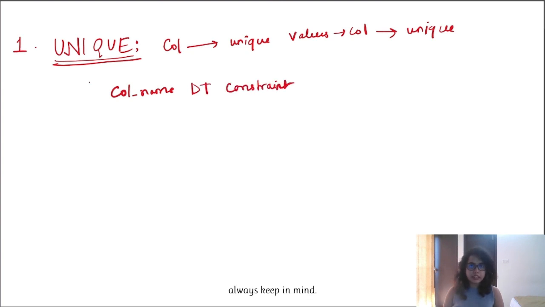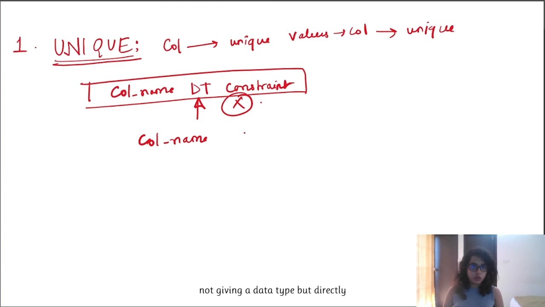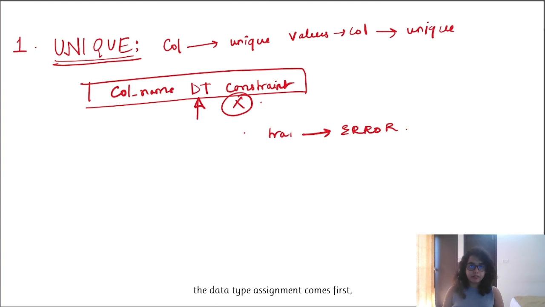Always keep in mind that whenever you create a column, the mandatory thing is the data type, not the constraint. If you try to create a column without giving a data type but directly giving a constraint, it will definitely throw you an error. So the data type assignment comes first, then the constraint assignment.